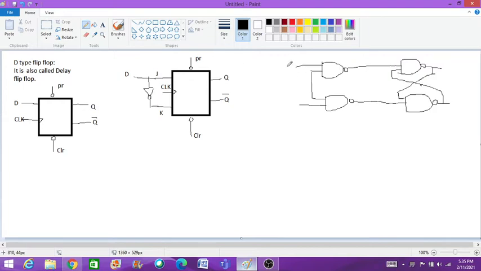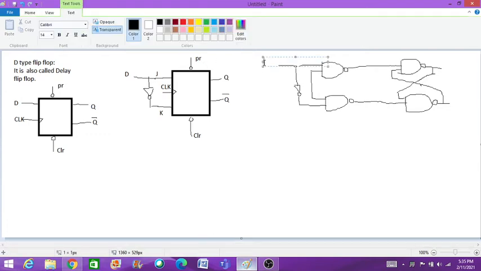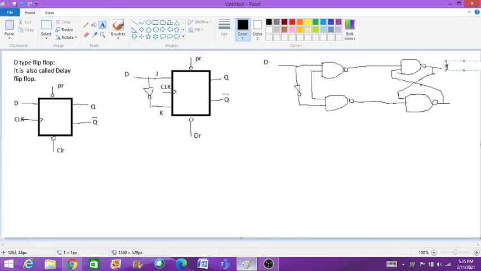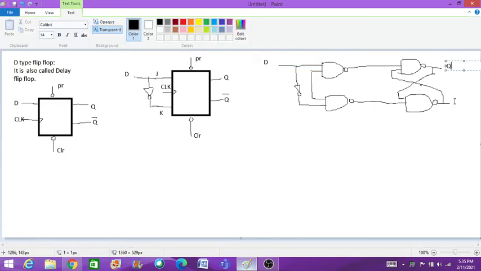And there we are taking two inputs, so how do we connect? We use here a NOT gate and one input here. So this is D, it is your Q, you can say Qn or Qn plus 1.